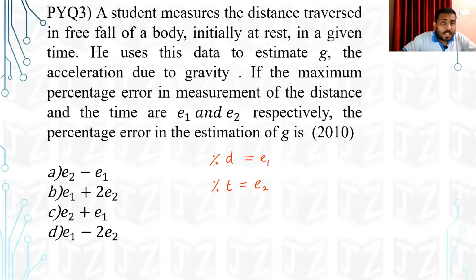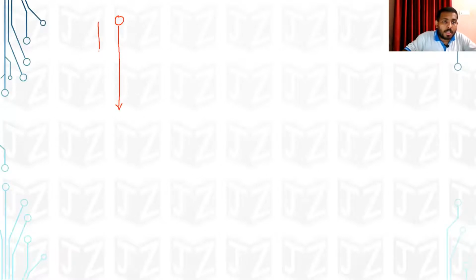So remember that the body is in a free fall. So let us draw a diagram and analyze the question. So the body is in a free fall. The student measures this distance and the time for the free fall.